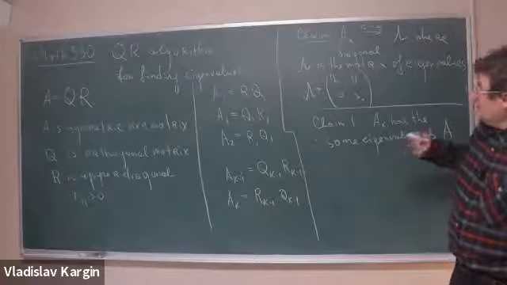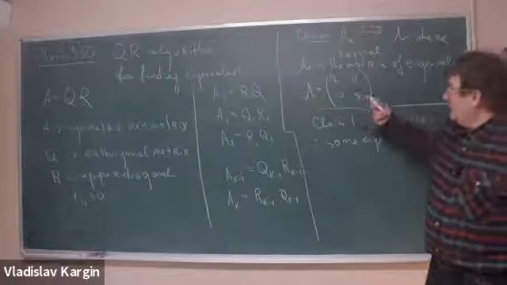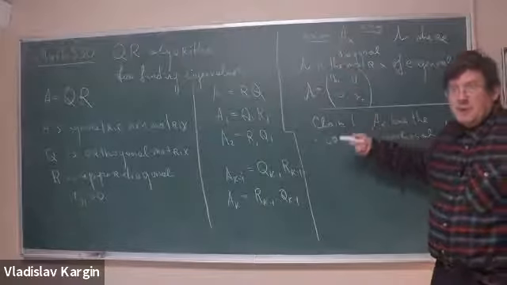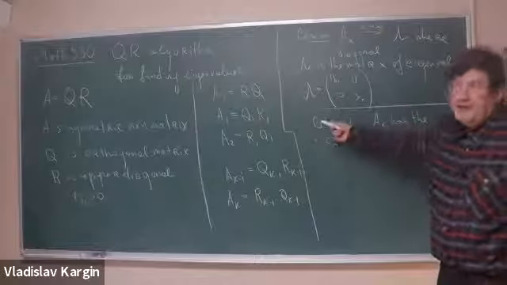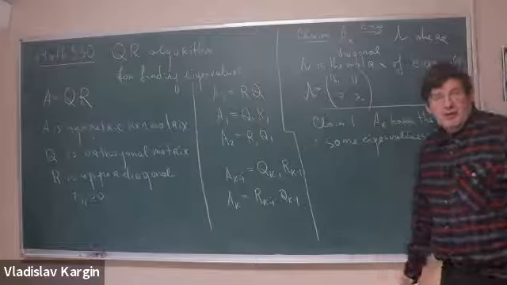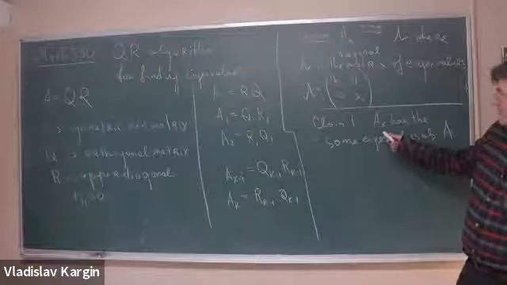The idea is that it's the same eigenvalues, but off-diagonal elements become smaller and smaller, and finally we'll get a diagonal matrix with the same eigenvalues, and this is lambda. And so why is this true?